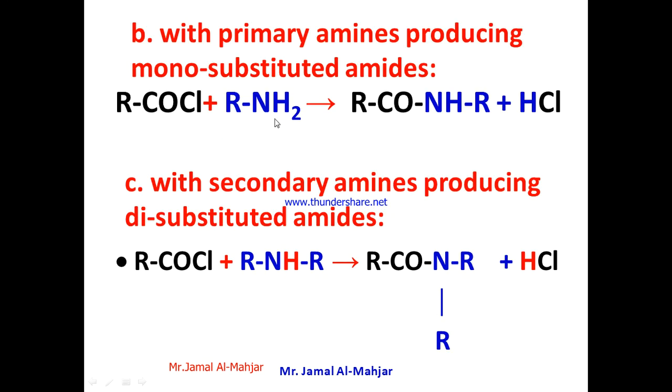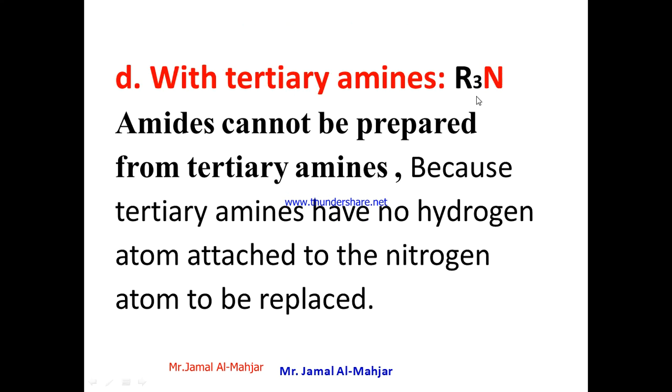So from ammonia we get an unsubstituted amide. From a primary amine we get a monosubstituted amide. From a secondary amine we get a di-substituted amide. Now, what about the tertiary amine? With a tertiary amine R3N, there is no H attached to the nitrogen atom.